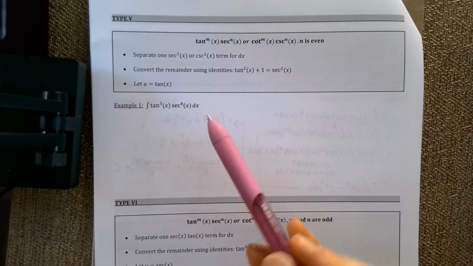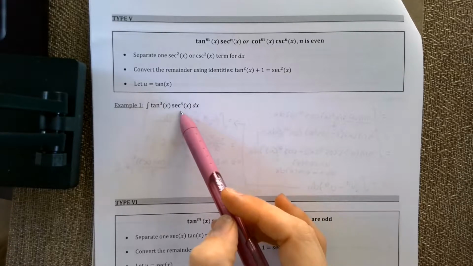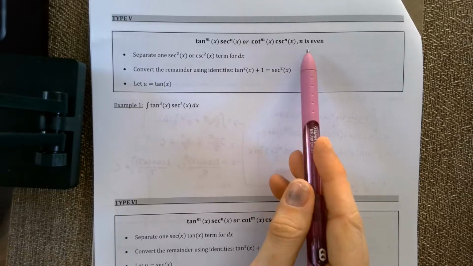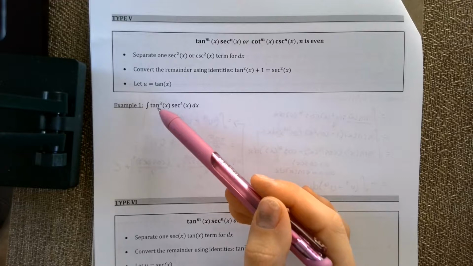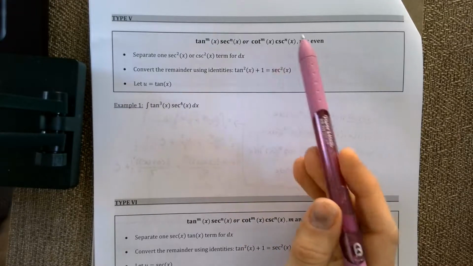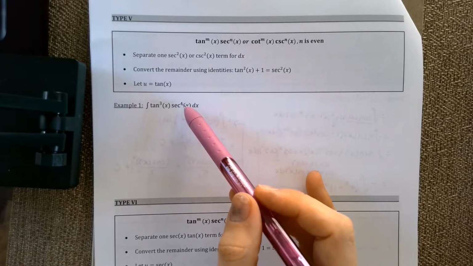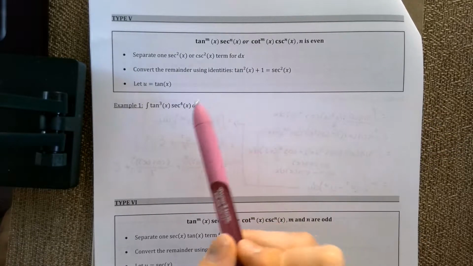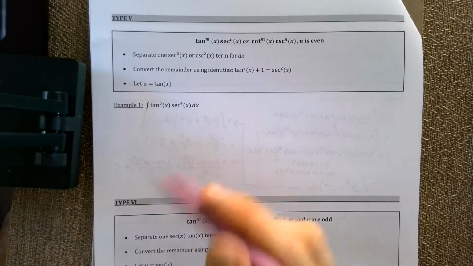So we either are going to have one type where the secant or the cosecant has a power that's even. That's important because the derivative of tangent is secant squared. The derivative of cotangent is negative cosecant squared. So we're going to want to pull off 2 of those, just like we were trying to do a u sub.